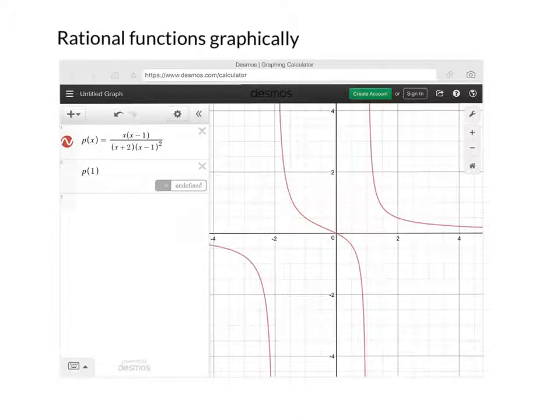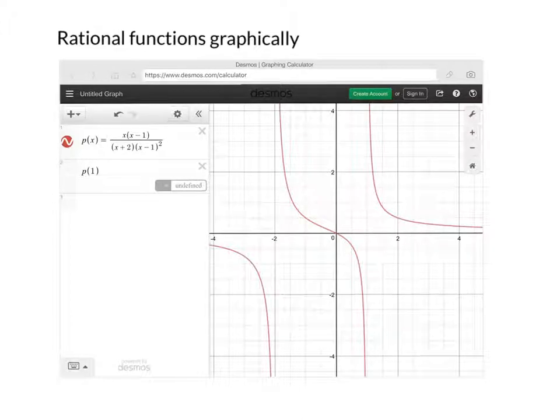And it depends on what's going on. If the 0 appears with a higher multiplicity in your denominator, see how we have a square in our denominator, x minus 1 is down there more times, you're going to get this vertical asymptote. But if the 0 appears more times in the numerator, when that x minus 1 term appeared more times in the numerator, we just had a hole in our graph.